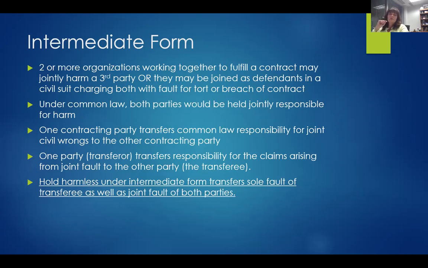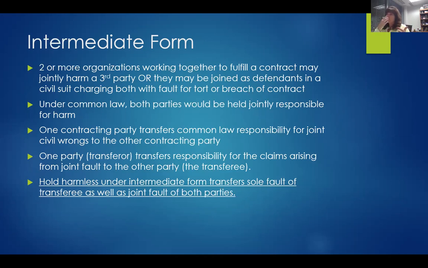In the intermediate form, one contracting party transfers their common law responsibility for being jointly responsible to the other party. So let's talk about this. The contractor, the one party, would be accepting the responsibility from the transferor. The transferor is the party, the owner.